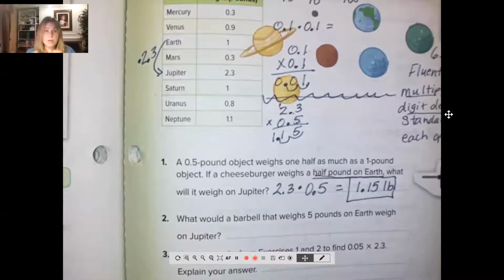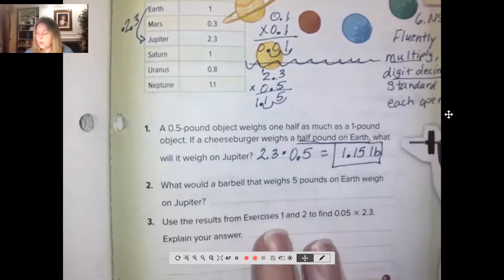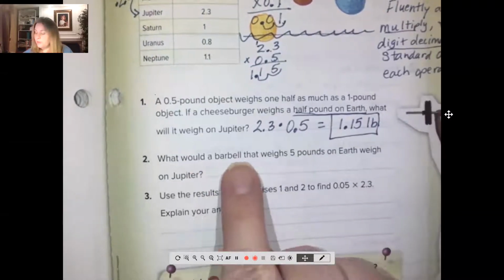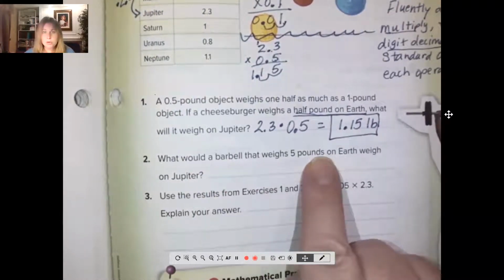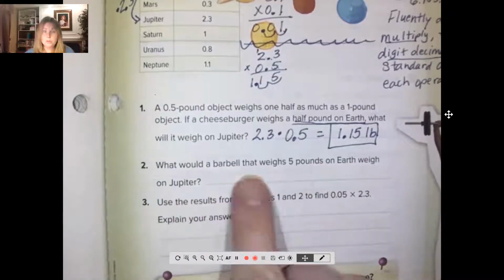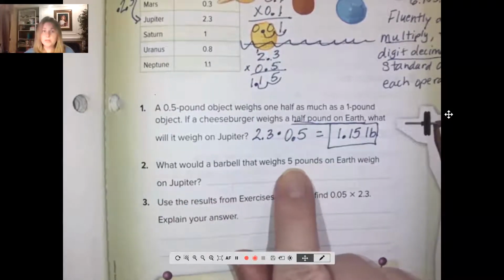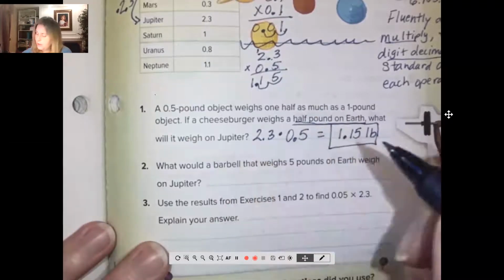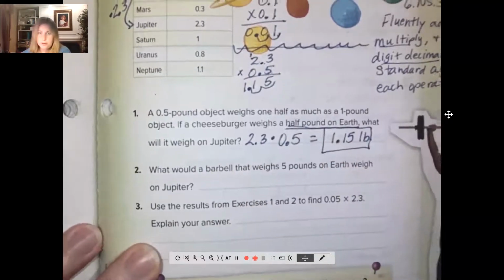So that's why things are heavier on the larger planets, because they have more mass attracting objects to them. So what would a 5-pound barbell weigh on Jupiter? That's just going to be 2.3 times 5. So we can do that math.